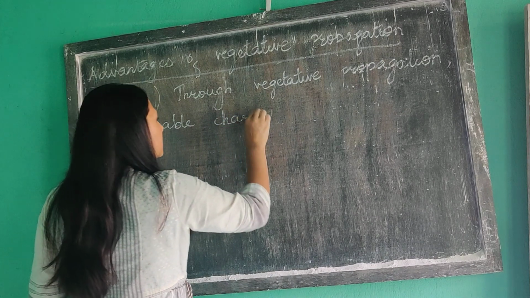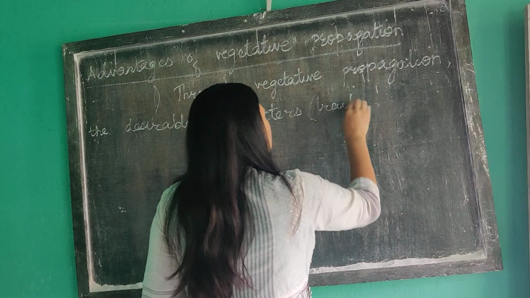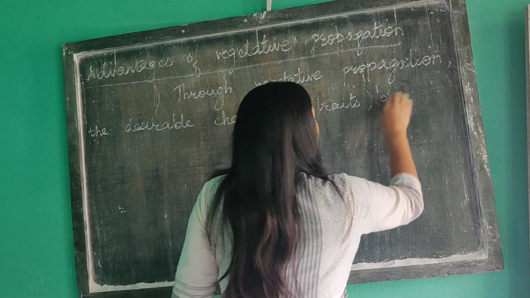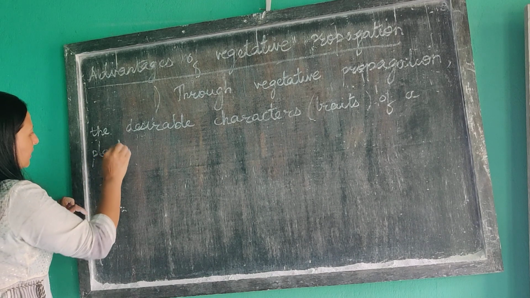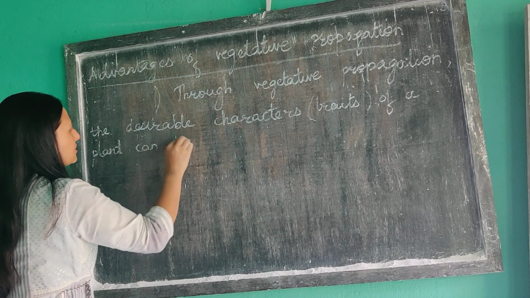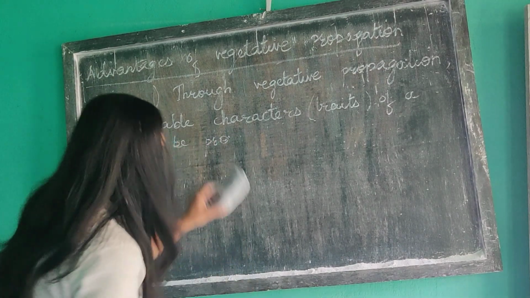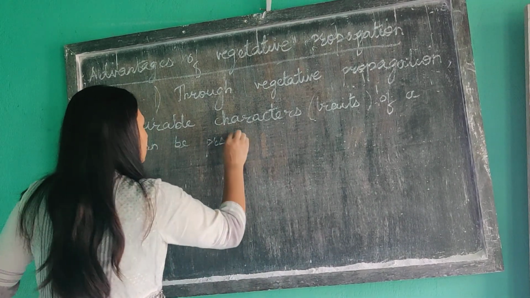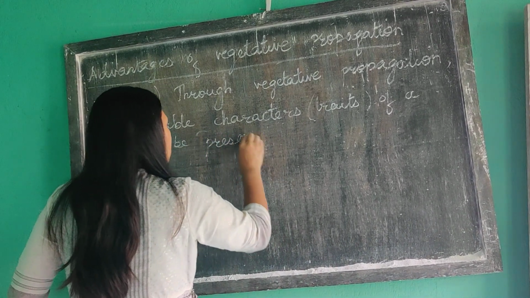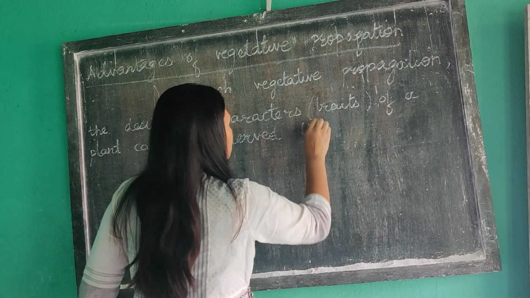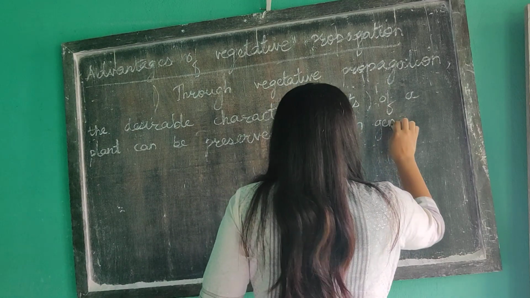Desirable आफूलाई मन पर्ने जुन चाहिँ characters छ, okay, desirable characters or traits of a plant can be preserved through generations.